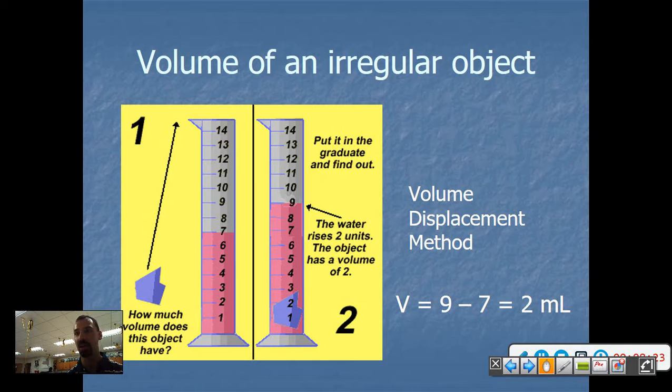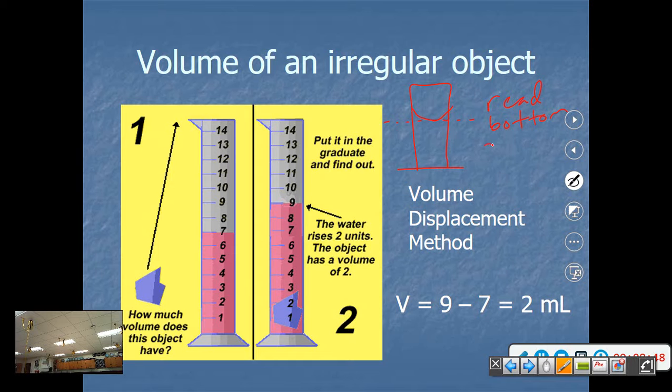The one thing that's not shown here is something called the meniscus. When you put liquid in a graduated cylinder, the water will actually curve, and you always read from the bottom of the meniscus.